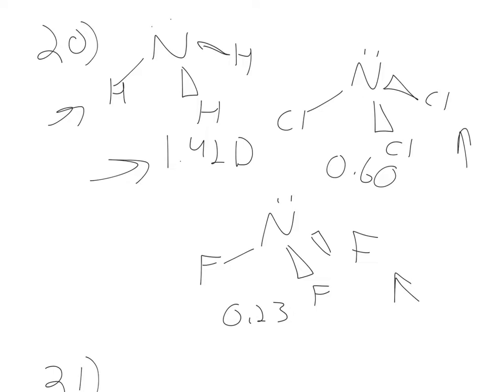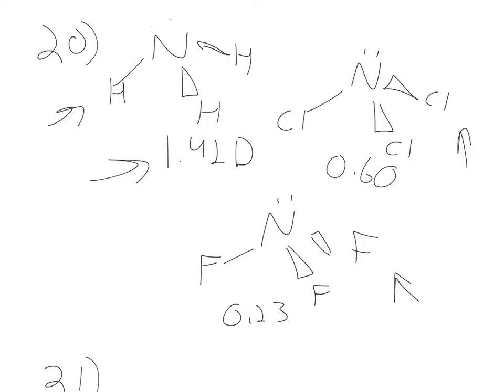And if we look at the periodic table, going from hydrogen to chlorine to fluorine, we're going left to right, and then also bottom, well, with the exception of hydrogen, fluorine is up the top. Fluorine is the most electronegative of the three of them. So going from hydrogen to fluorine, we're getting higher in electronegativity. The dipole moment is getting smaller.